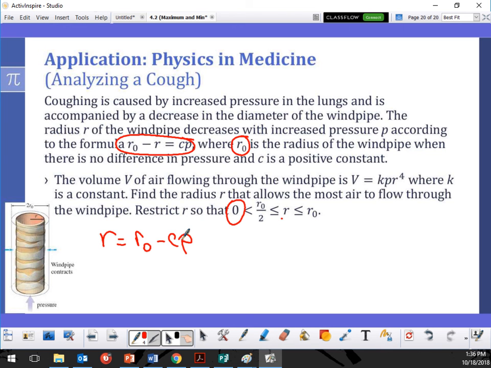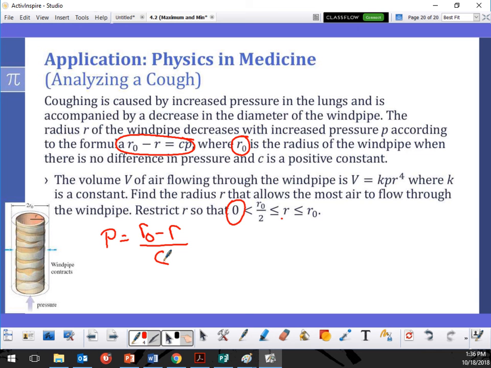And since that is going to be a constant, I could say that P. Oh, dang it, yeah, I did it the wrong way. I'm sorry. All right, so we're going to get rid of the P. So it's going to be P equals R sub naught minus R over C. There we go. That's what I was doing there.